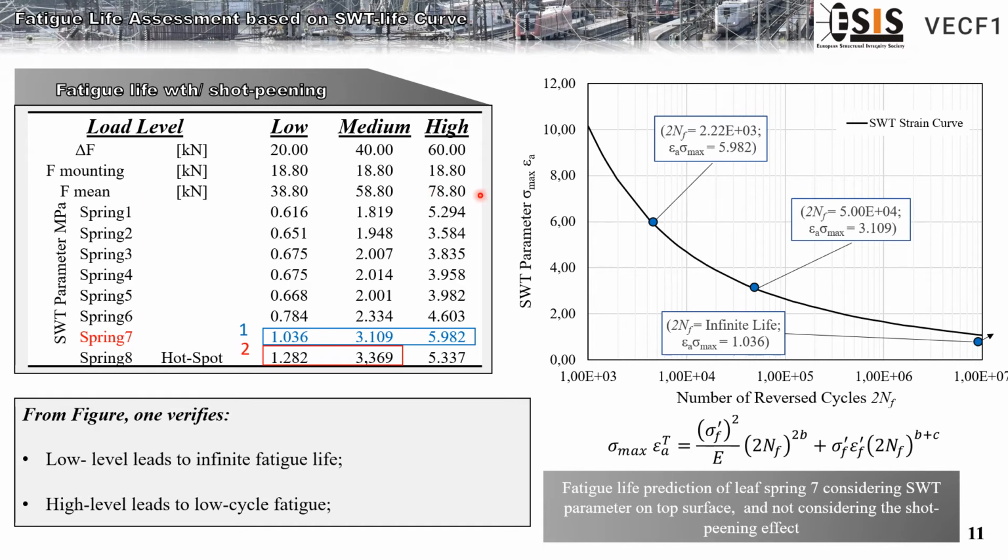Now we are trying to predict the fatigue life for each loading level. We can see from the SWT life curve that for low load levels the fatigue life is infinite as presented here, while for high levels the fatigue life is in low cycle fatigue.